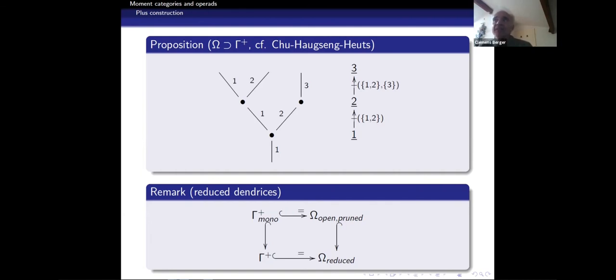So I think that all this is related, but I also believe that Martin Markl and Michael Batanin have already done a lot of work on Koszul duality in their framework of operatic categories. Somehow it would be interesting to know whether this more complete structure of a moment category can give perhaps some simplification of Koszul duality. This would be nice.